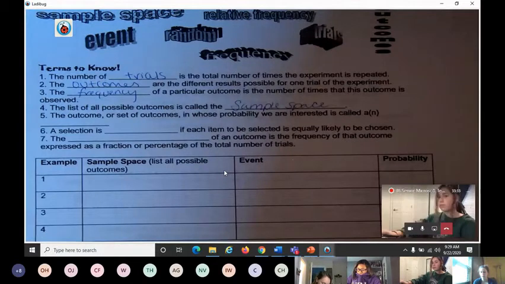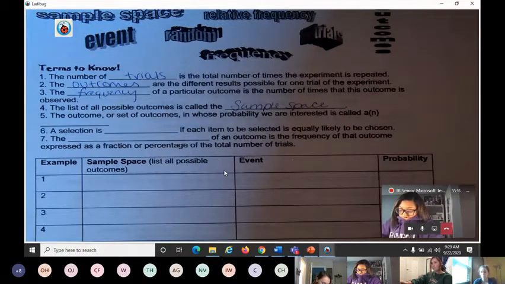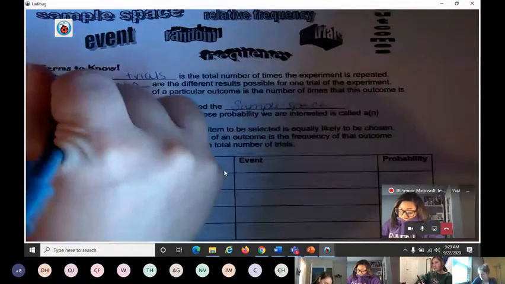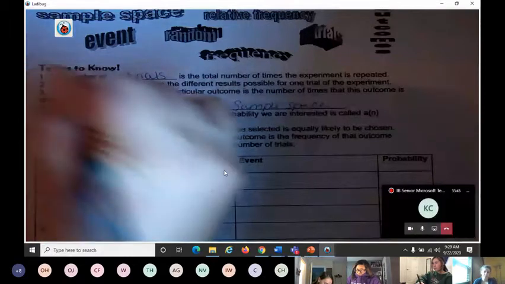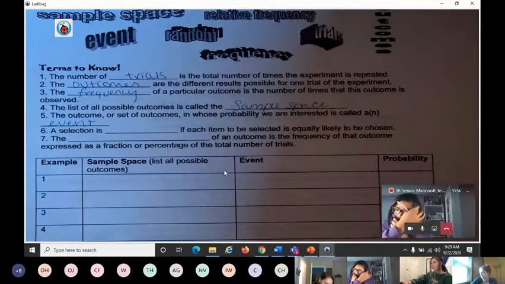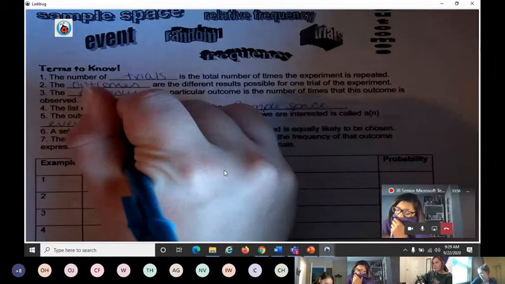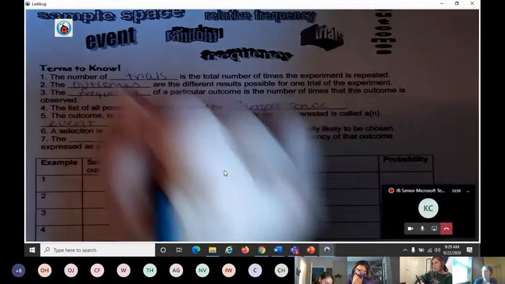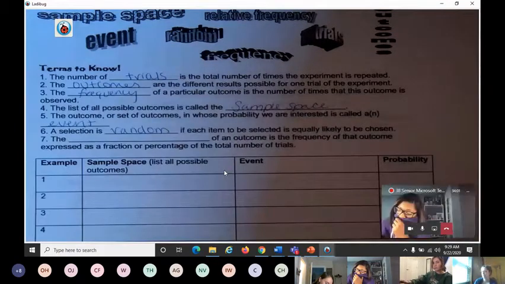And the outcome or set of outcomes in whose probability we are interested in is called an event. And a selection is random if each item to be selected is equally likely to be chosen.